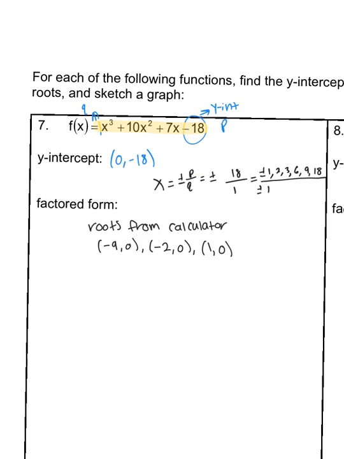Okay, so that means your factored form, you're just going to flip the signs of the roots that you see there. So you'd have x plus 9, x plus 2, and x minus 1. And that would be your factored form.